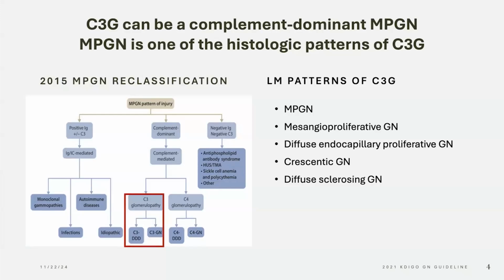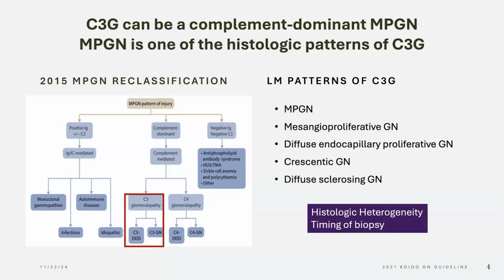But at the same time, MPGN is just one of the histologic patterns of C3G. C3G can manifest as mesangial proliferative GN, diffuse endocapillary proliferative GN, crescentic GN, diffuse sclerosing GN as well. They may be due to the same pathogenic process but develop at different times of the disease.